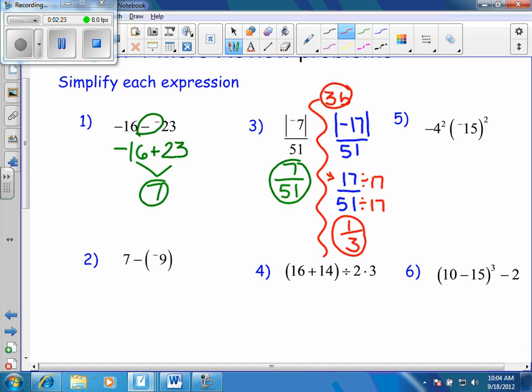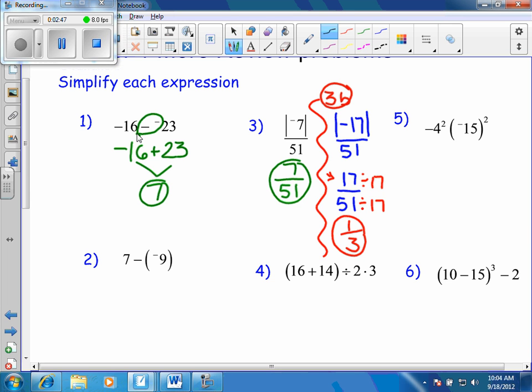But isn't it still in, can you just say 7 over 51? Yeah. You leave it as 7 over 51. So you wouldn't try to divide 7 into 51 and have a remainder? Nope. You would just reduce your fractions. Okay? Good questions, you guys.